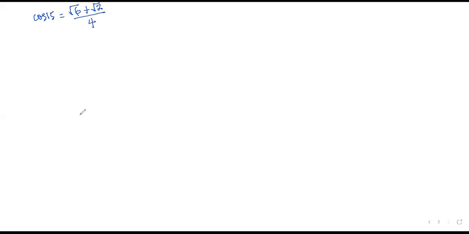Okay, so I want you to use the identity to try if you get the same thing. The two angles which subtract to give you 15 are 45 and 30. So cos of 45 minus 30.